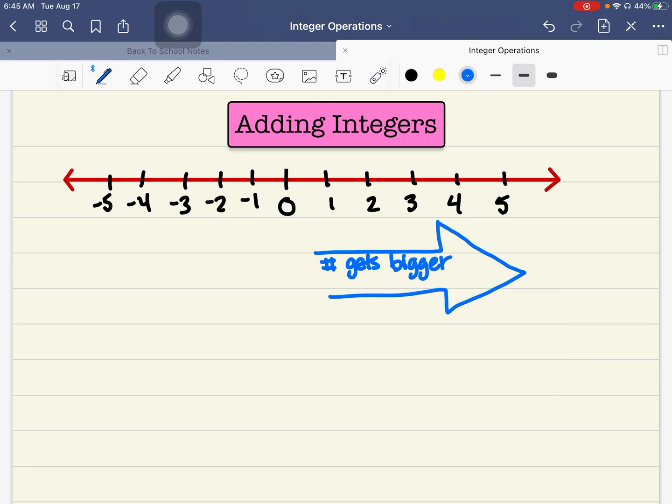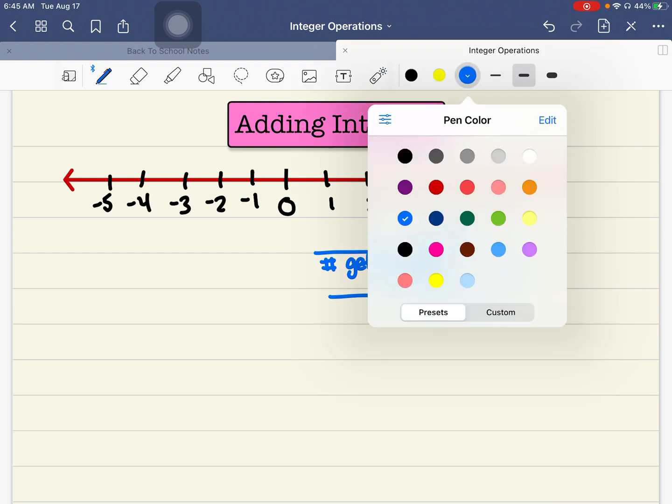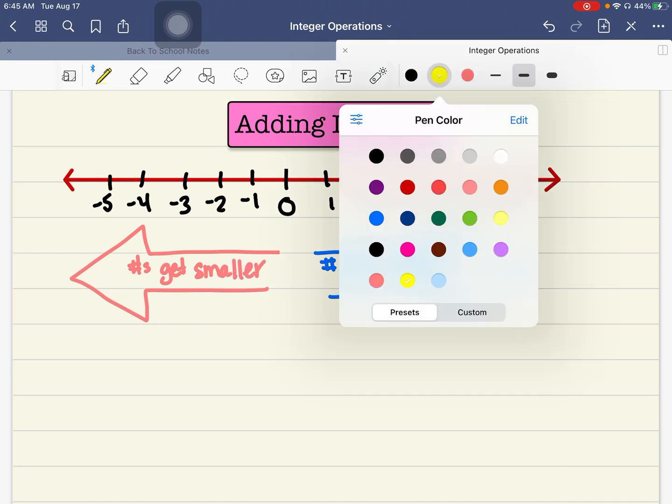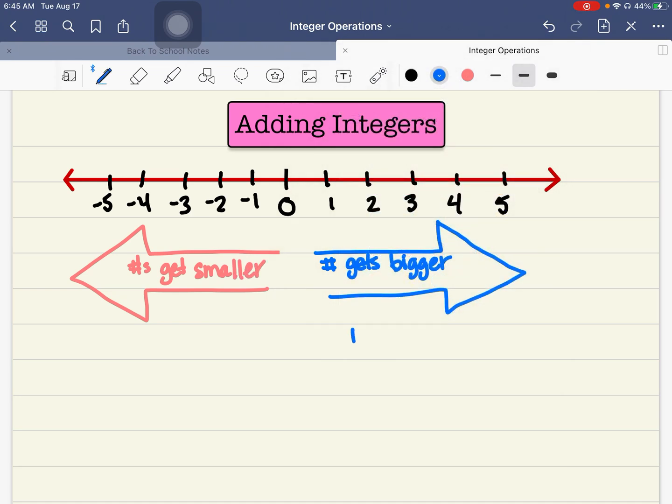And then when we move to the left, our numbers get smaller, right? This way is positive. Our positive numbers go this way, and our negative numbers go this way.